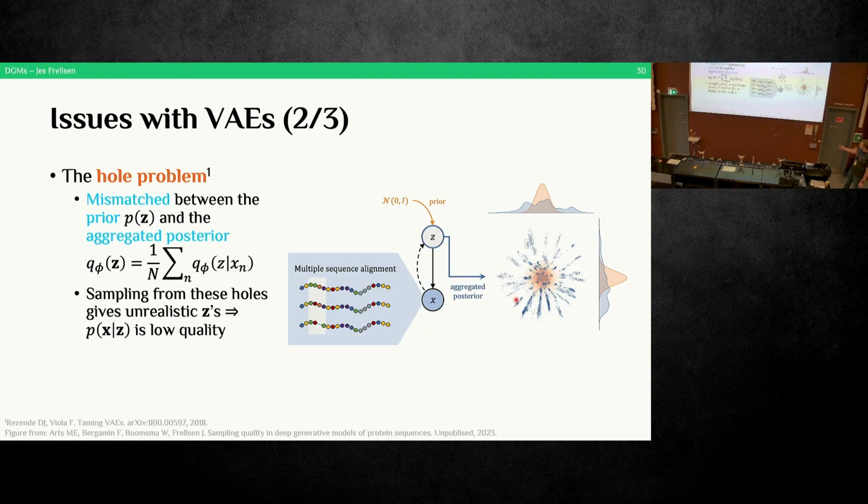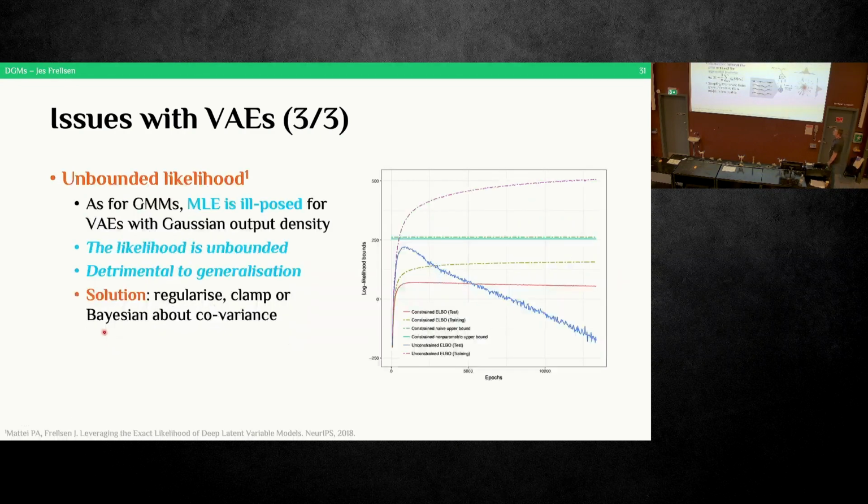You see there are these holes in between the arms of the star. If I then sample from these holes, I get samples that are unrealistic according to the model, and so I get low quality samples from my model.